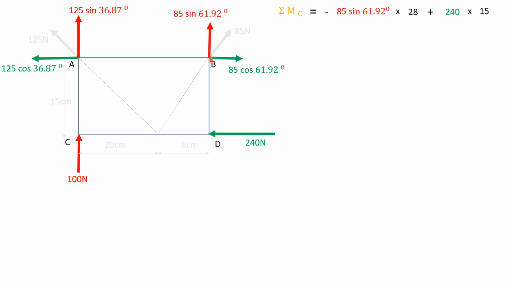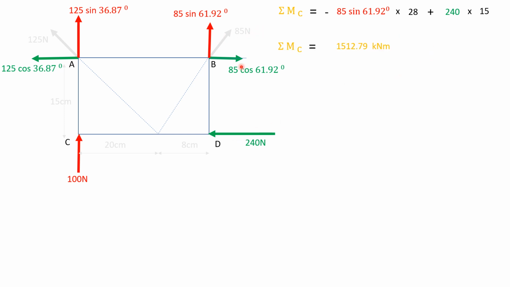For this force it will be anticlockwise, and for this force it will be clockwise. So minus for this force and plus for this force. These four forces all pass through point A, so their moment about point A will be equal to 0. Only two force components have moment about point A.